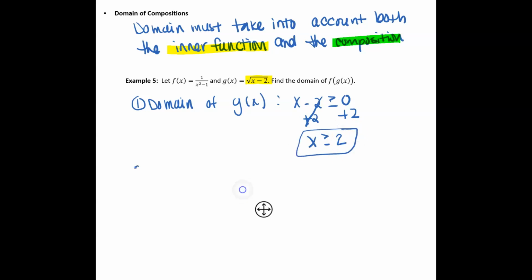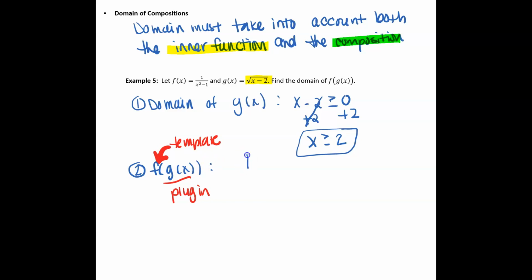Second step we want to do is compose them together and see what that new function looks like. And remember, I'm going to use that method of this piece here is my template, and this piece here is what I'm plugging in. And so first I'm going to start with my template. So my f function is 1 over something squared minus 1.